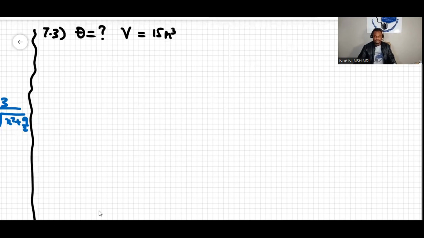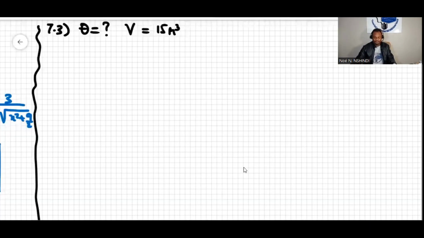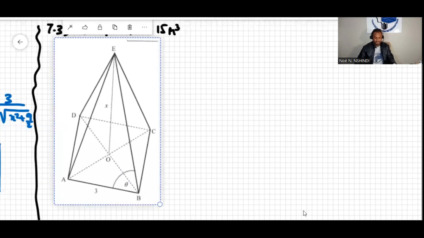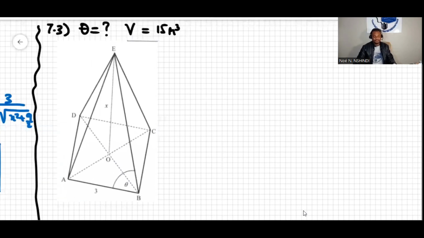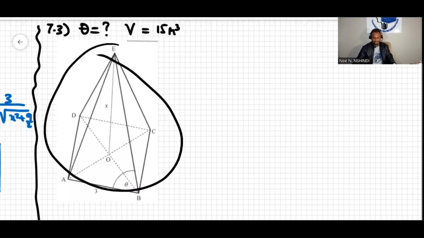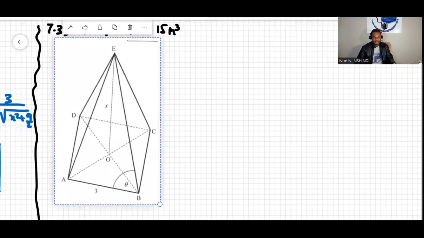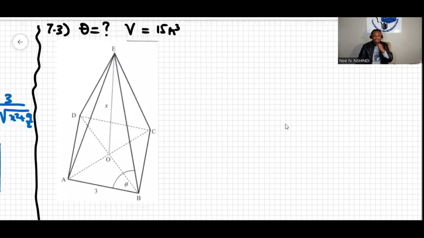All right. I prefer to draw the same diagram here. Now, if the volume of all this is 15, its volume is just 15. And now, what is the value of angle theta?